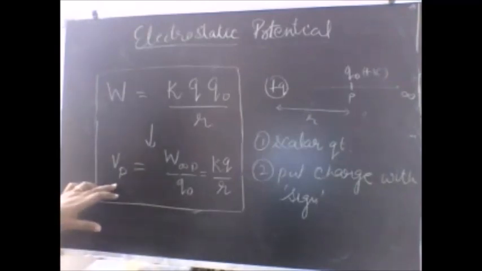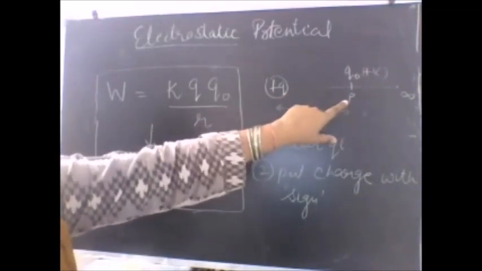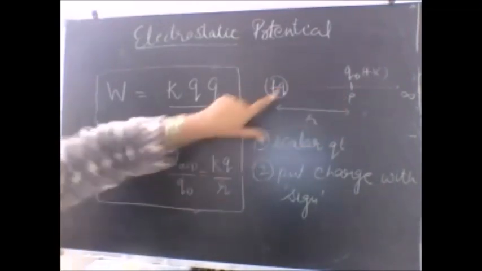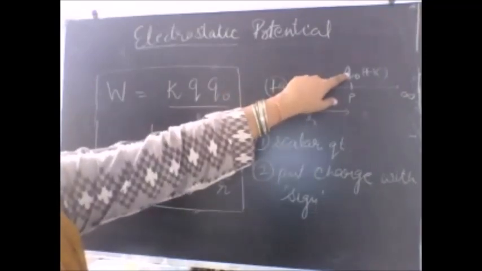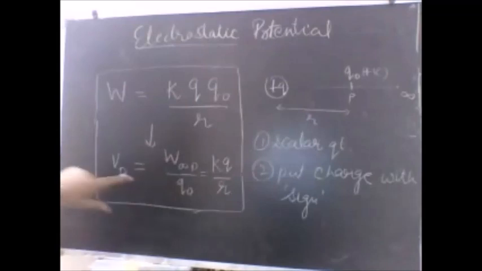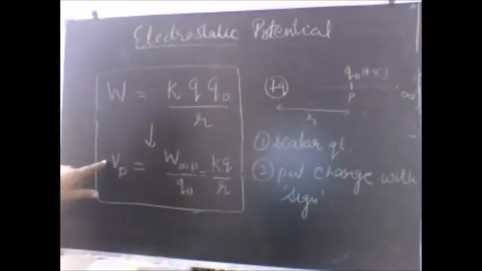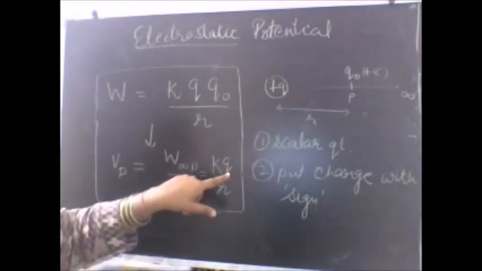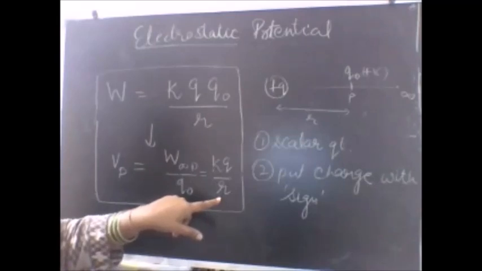One more thing will be clear from the formula. Potential at the point P is the discrete property of the source charge. So whatever is the test charge, that is not important to me. Look at the formula, it is K Q by R. That means the potential of a point depends only on the source charge and the distance of the point P from the source charge.